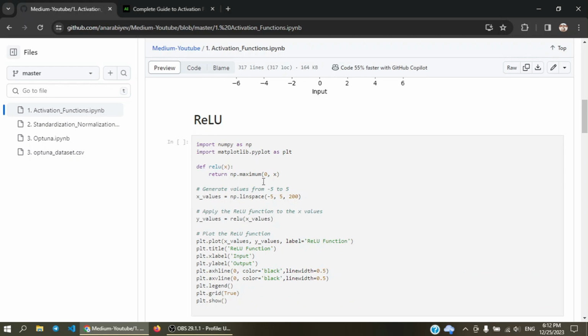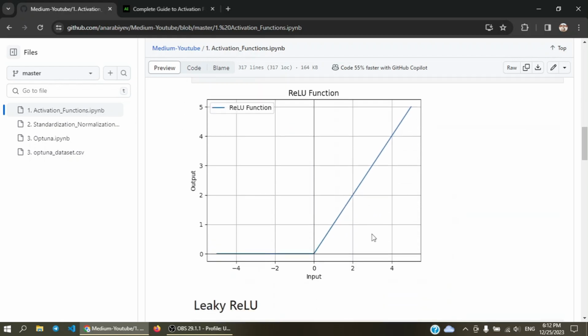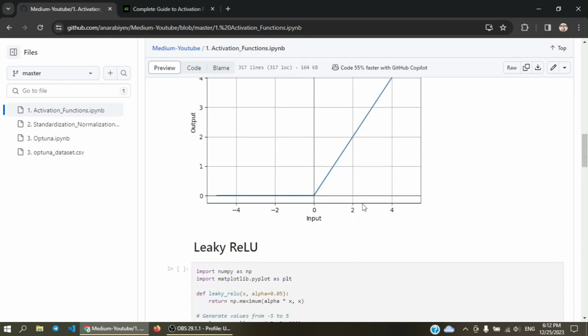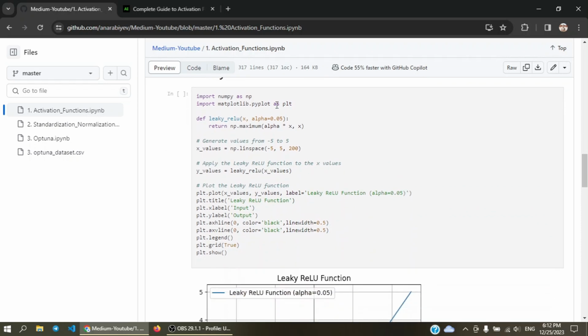Secondly, we move to ReLU. Here we have its function as well. It's the maximum of 0 and x. And here we have plotted it. As you can see, it's 0 for negative values and the value itself for positive values. The next one is Leaky ReLU. Here you can change the alpha parameter and you multiply alpha by x instead of 0 in the ReLU.